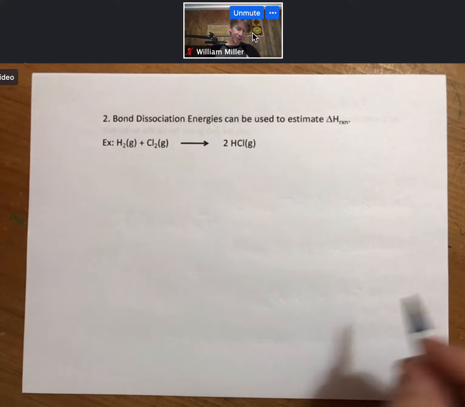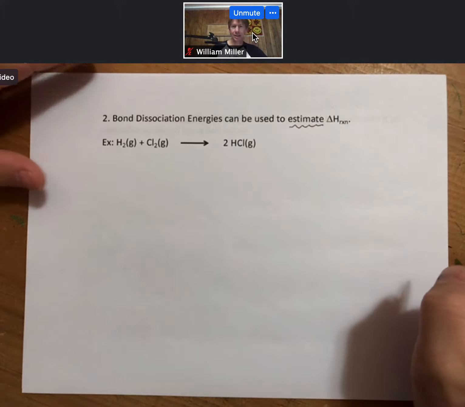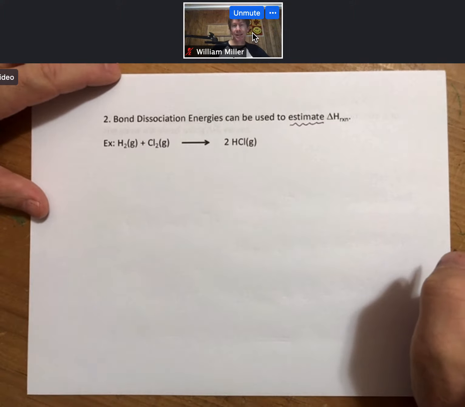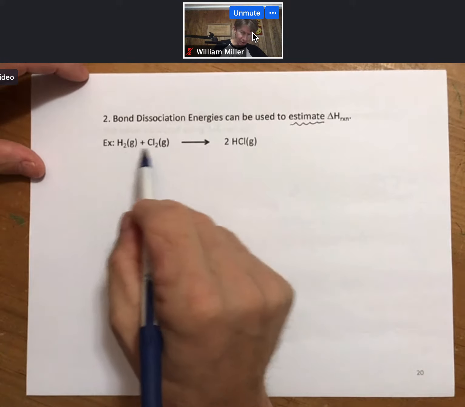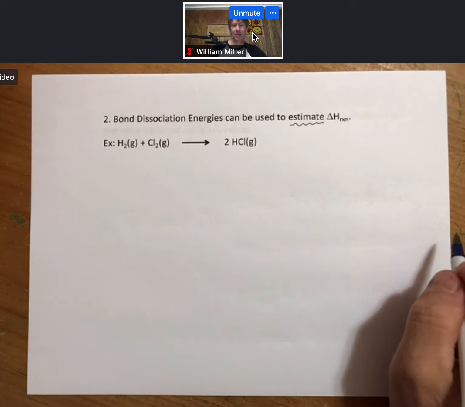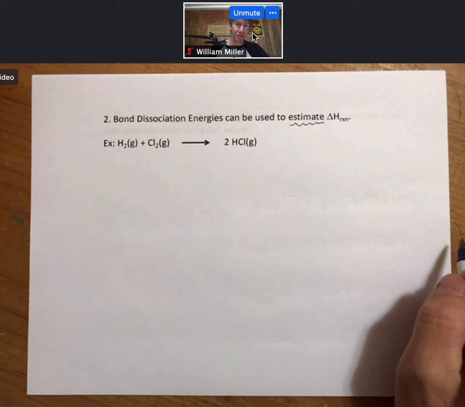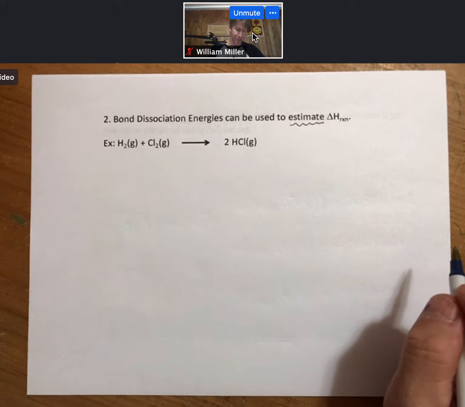Now, bond dissociation energies can be used to estimate delta H of reaction. These are estimates because we're using aggregate numbers, and these estimates are best when all the materials are in the gas phase, because gas phase molecules have no other attractions to other molecules, and so we can focus just on bonds being made and broken.